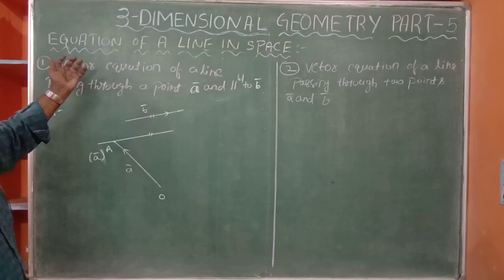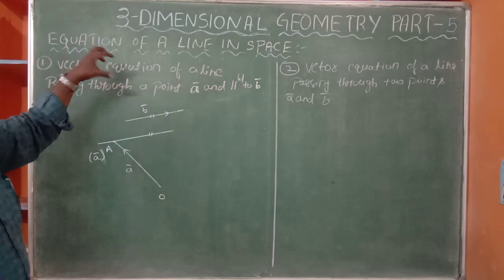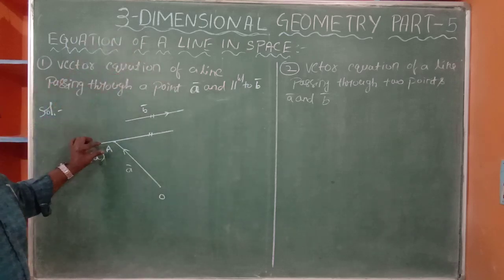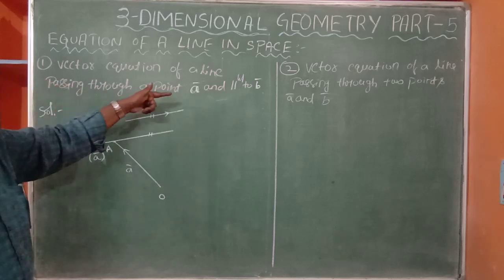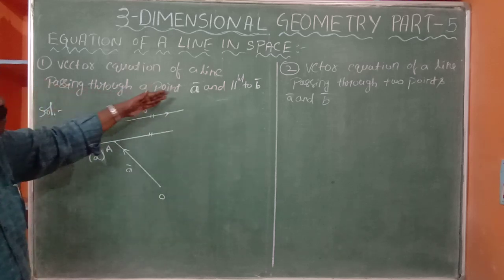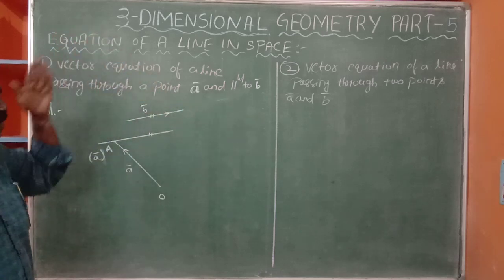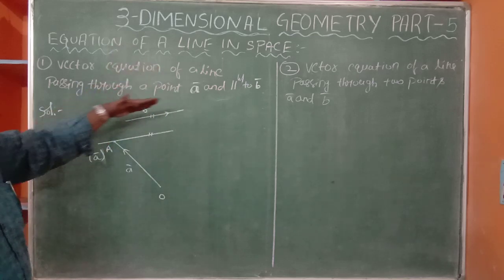Of course, vector equation or Cartesian equation, later we will discuss. We are finding the equation of a line in space that is passing through the point A, whose position vector is A bar. Simply in the statement it is given as passing through the point A bar. That means passing through the point capital A whose position vector is A bar, and parallel to a free vector B bar.